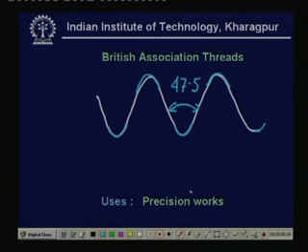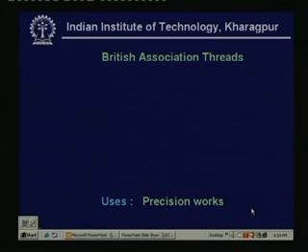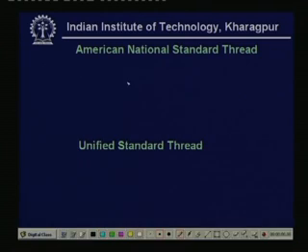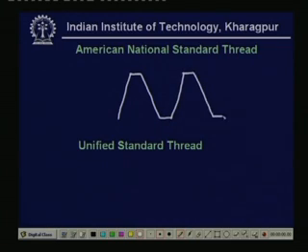Now, this kind of threaded fastener is used for precision work. This is about the British Association threads, known as the BA threads. Then the American National Standard threads, where the thread profile is like a V, something like this.